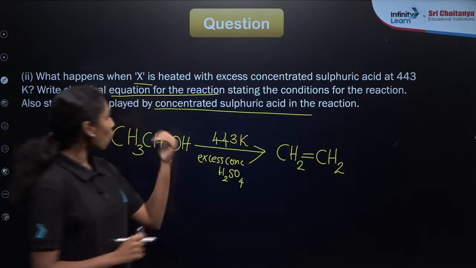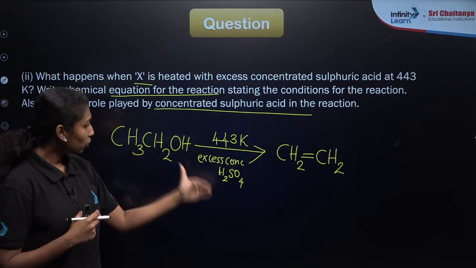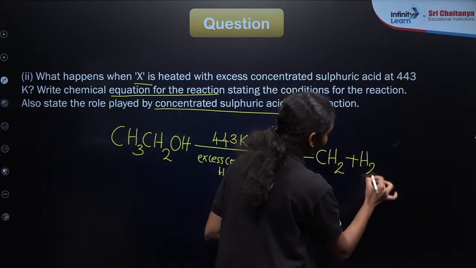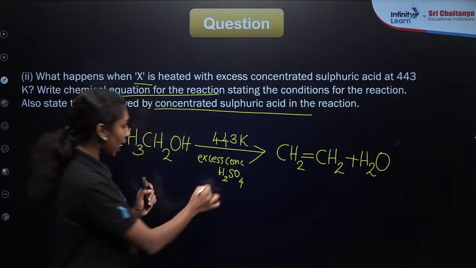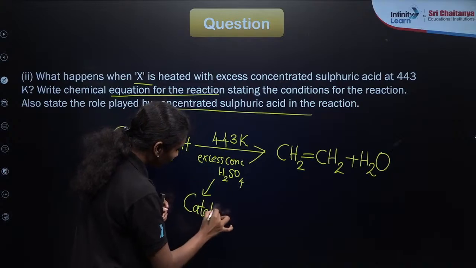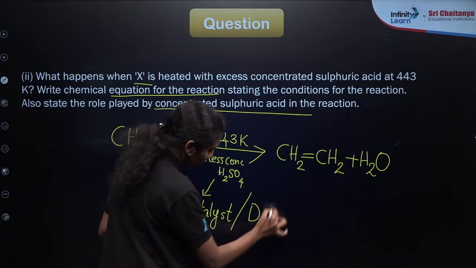Now what will be the role of concentrated sulfuric acid in the case of this reaction? So as we already know, this is a dehydration reaction, right? Water molecule is removed from here. So here the concentrated sulfuric acid acts as a catalyst as well as a dehydrating agent, which helps in the dehydration of the molecule. Catalyst and dehydrating agent, right?